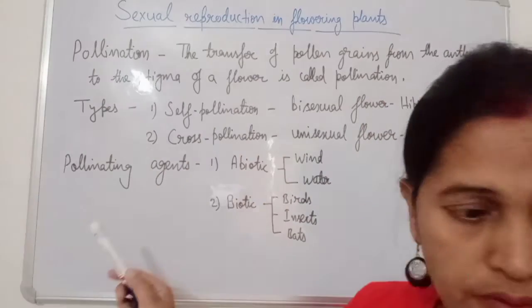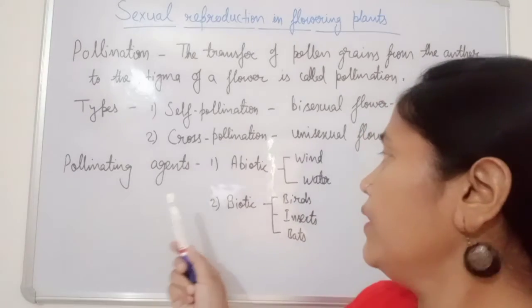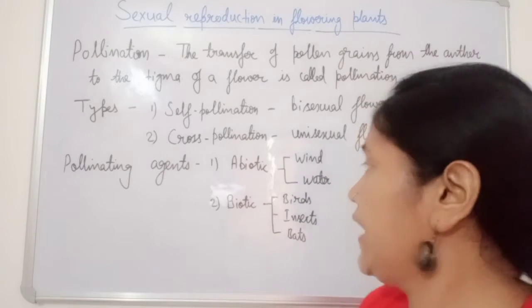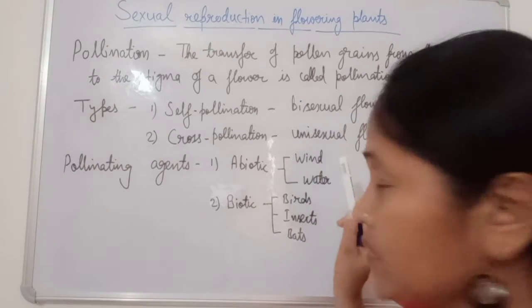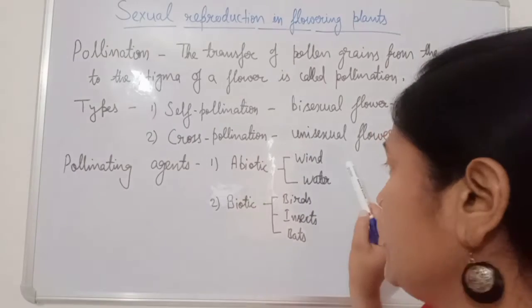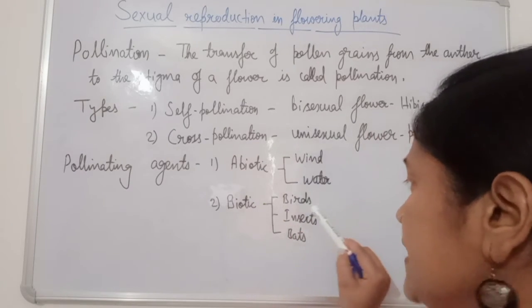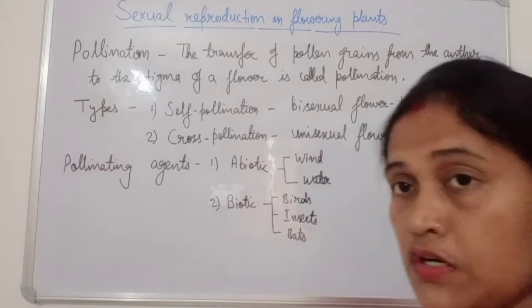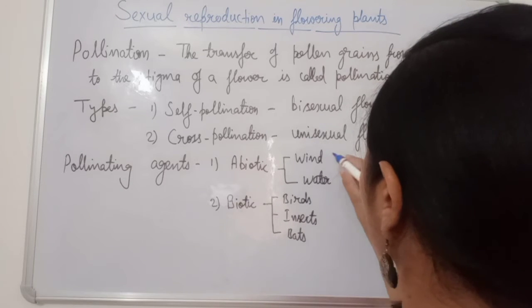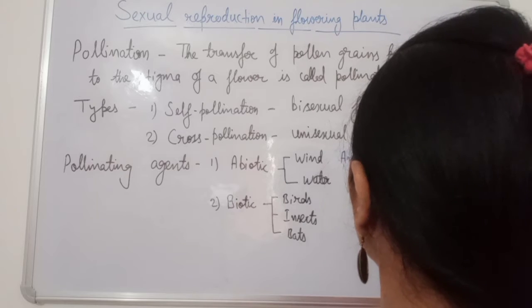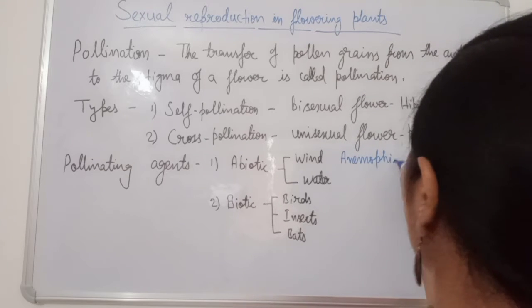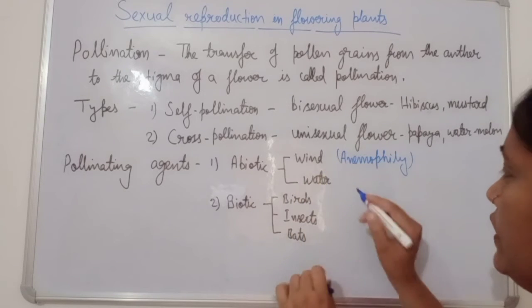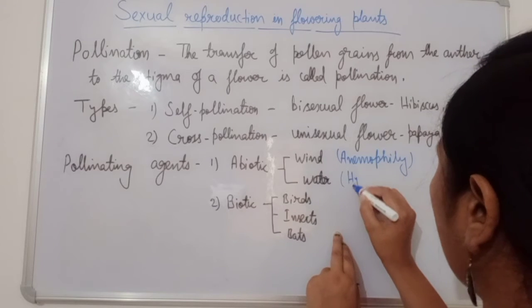Now the next one, pollinating agents. There are basically two types of pollinating agents: abiotic and biotic. Abiotic, as its name denotes, means abiotic factors are involved: wind and water. Biotic agents include birds, insects and bats. For wind, the special term we use is anemophily, the term given for wind pollination. Water, similarly, is hydrophily.